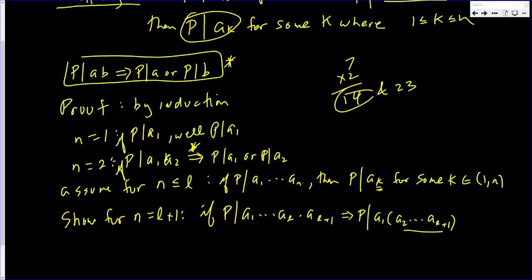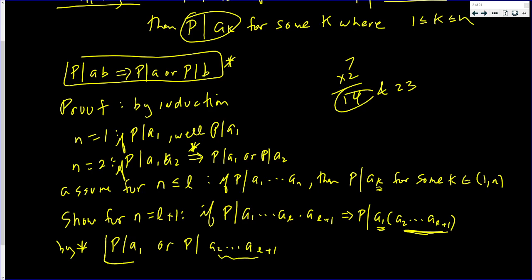Okay, so P divides A1 by star. P divides A1 or P divides that number, A2 up to A L plus 1, but this is only L numbers.